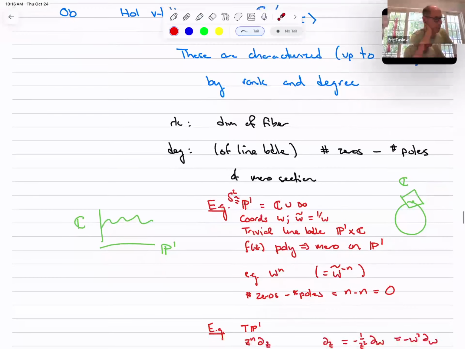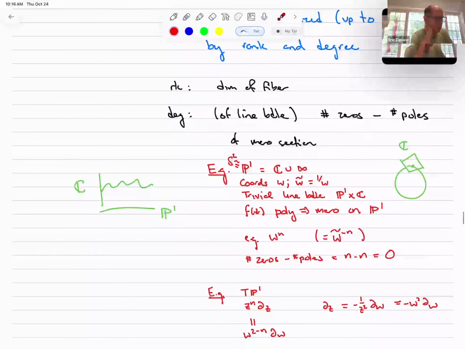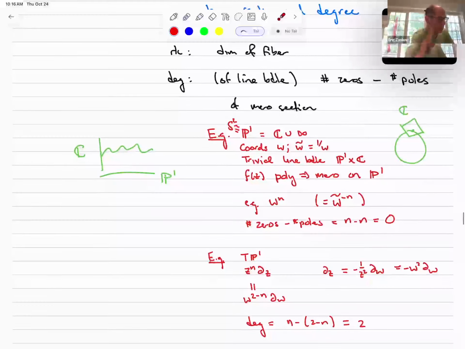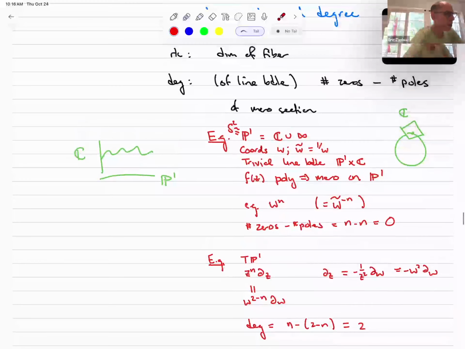Now let's do the tangent bundle that we did before. Okay, I have my Z and W problem. Let's see if I can fix it for you.